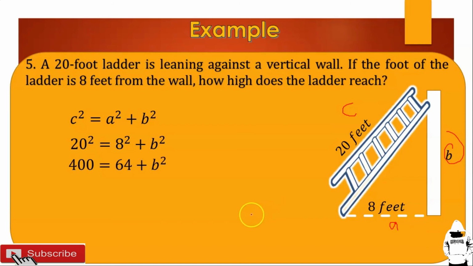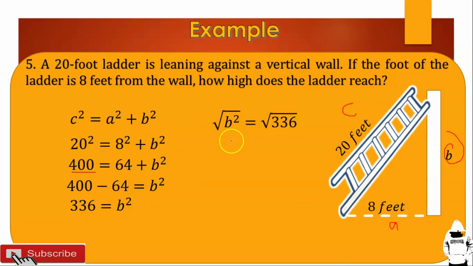Then, simplify, we have square of 20, that is 400, is equal to square of 8, that is 64, plus B squared. Then, simplify, 400 minus 64 is equal to B squared. And then, we have 336 is equal to B squared. And then, applying square root property, we have square root of B squared is equal to square root of 336.